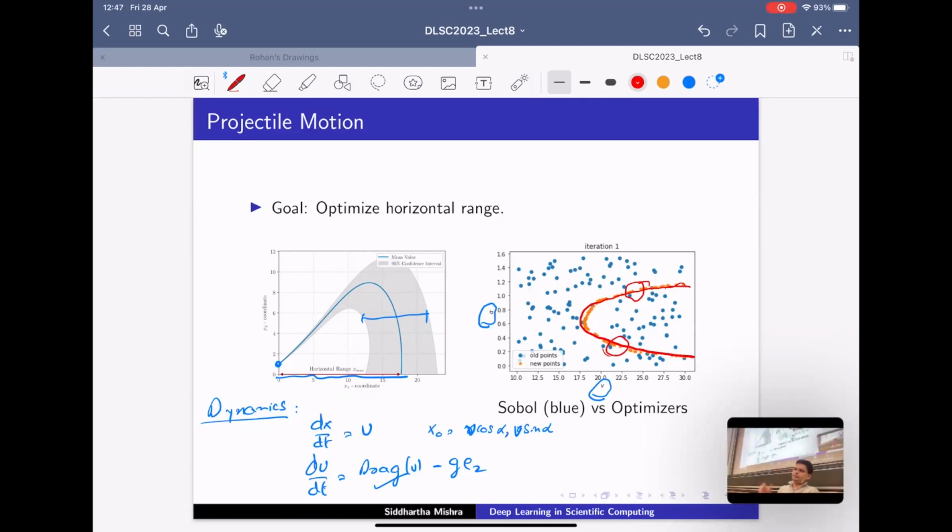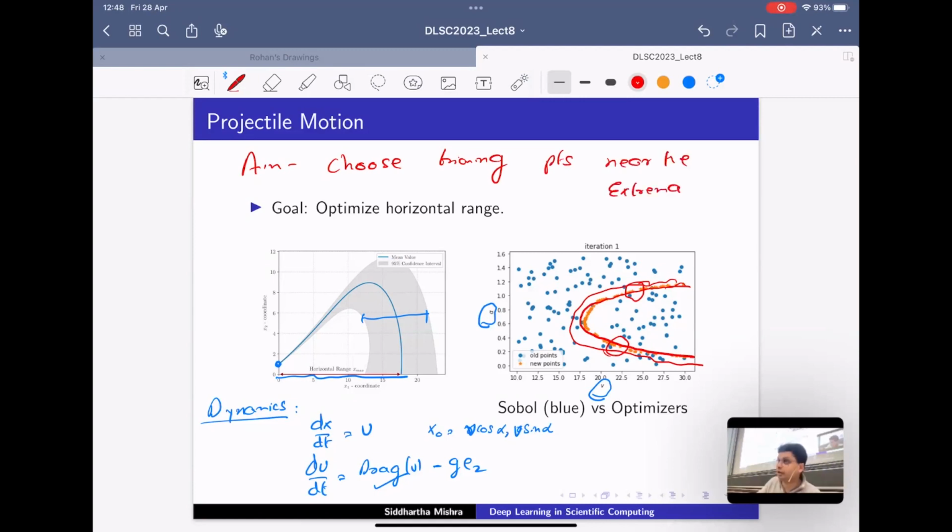The idea would be to take into account the fact that we have an optimizer which is going to live in this submanifold, and somehow choose training points along the submanifold. In other words, the aim is to choose training points near the extrema.